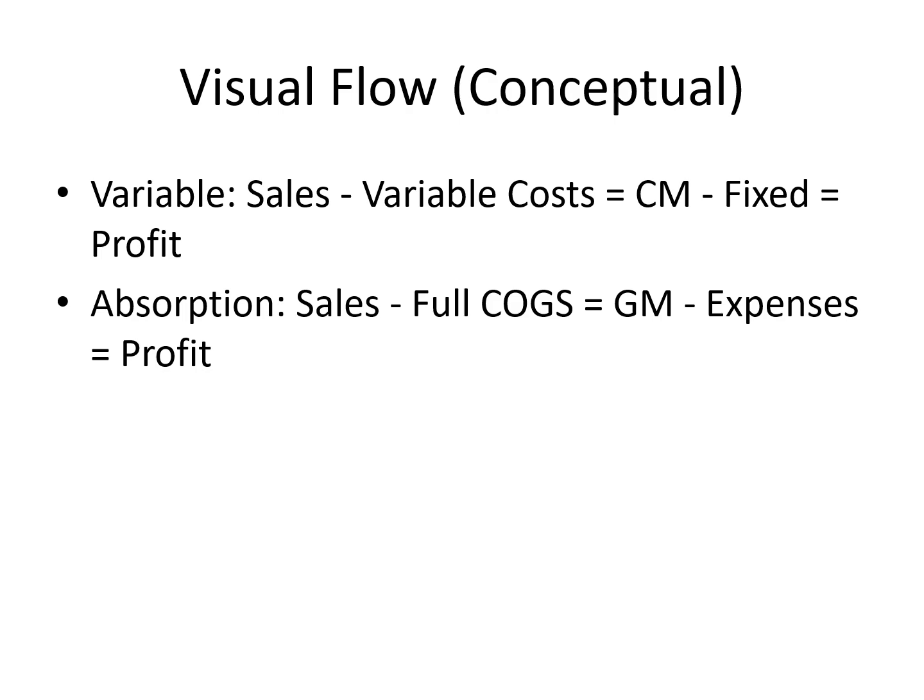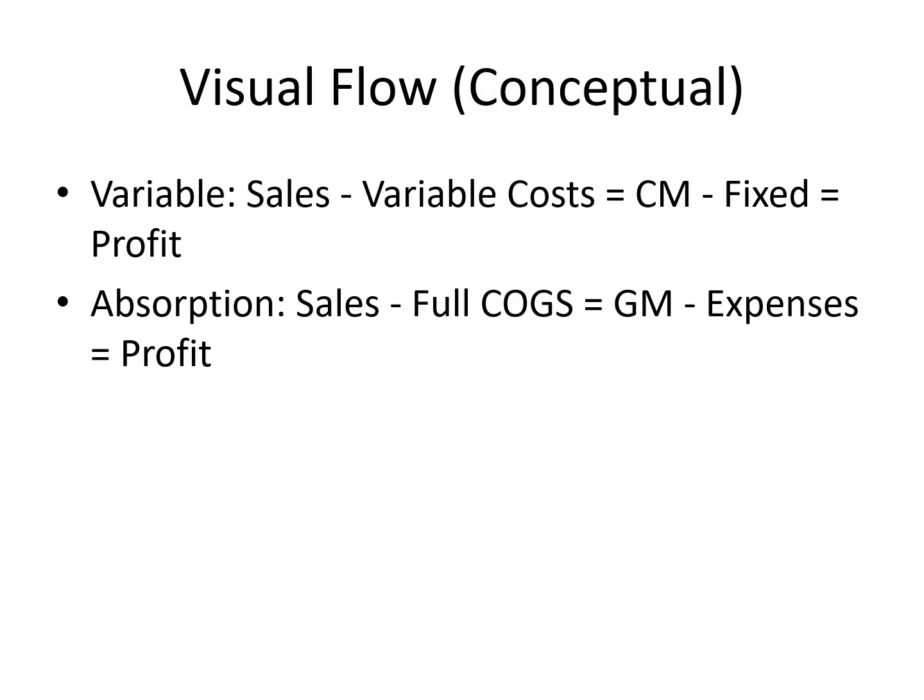Next is the visual flow. Always remember, variable is sales minus variable cost, which is contribution margin, minus fixed expenses, then you get your profit. Again, like we reiterated in the previous slide, absorption is sales minus full, complete cost of goods sold, including variable cost of goods sold and fixed cost of goods sold.